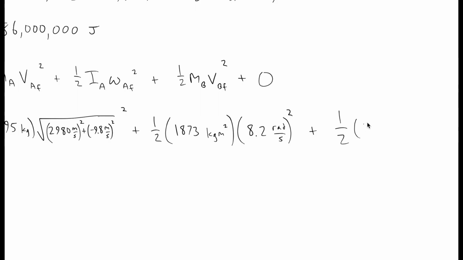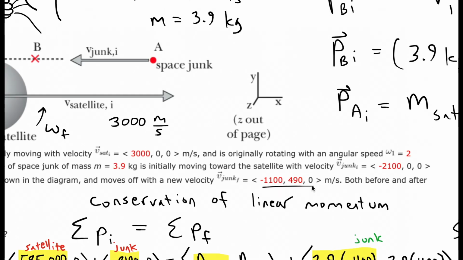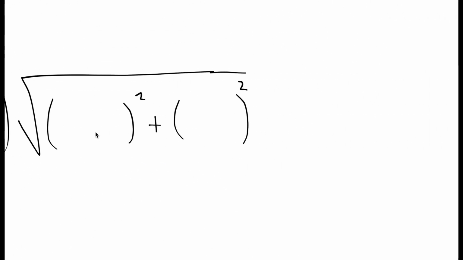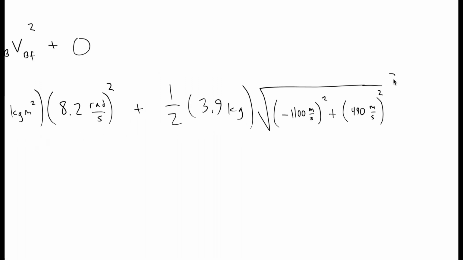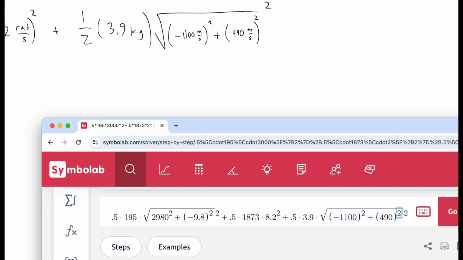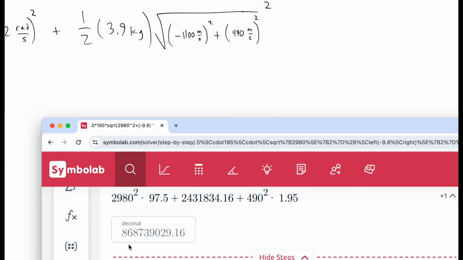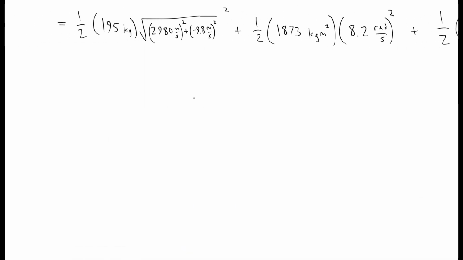And for the junk, we'll again use his final components of velocity in the calculation. The final velocity of the junk was actually stated in the problem. Negative 1100 and 490 were his components. Let's calculate that. 869 million joules.